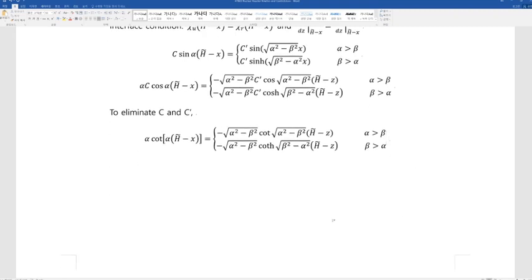So this would be equations 7.99 and 7.100.